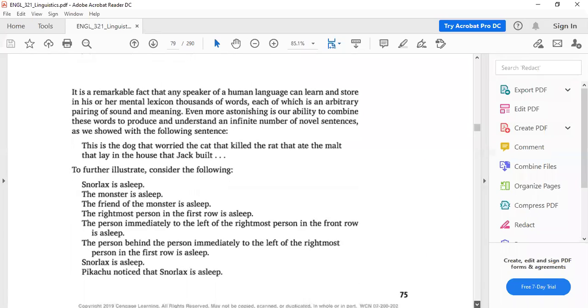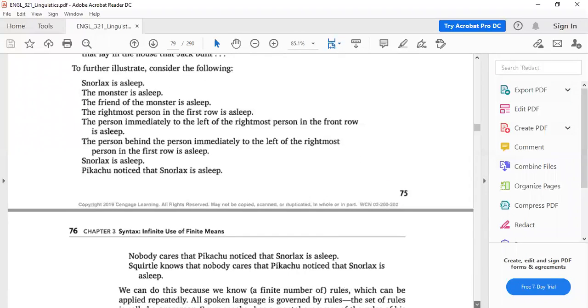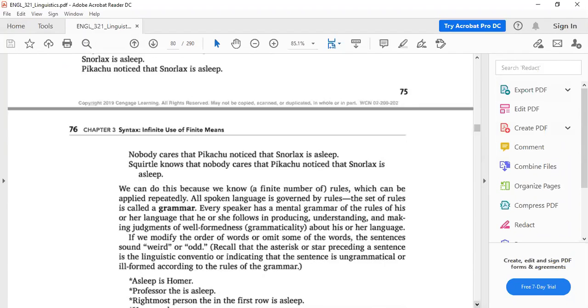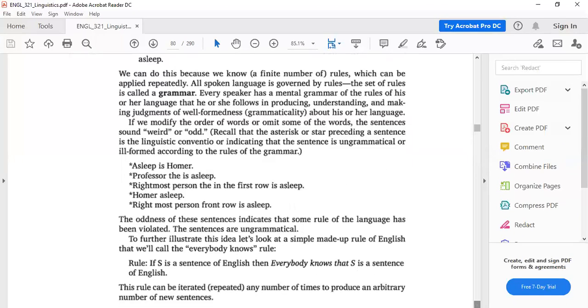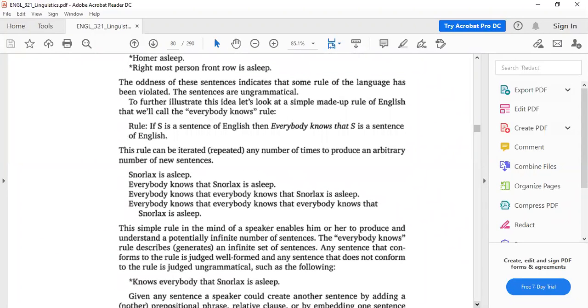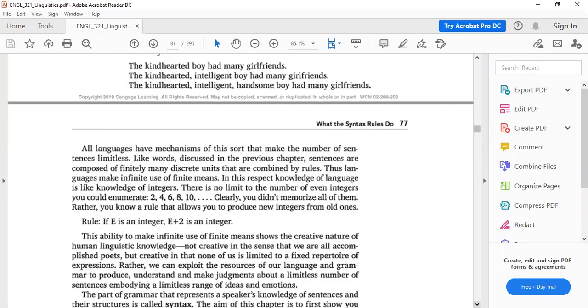And we also focused on the fact that in syntax, we use a limited number of rules to generate or produce and understand unlimited possible sentences, or novel sentences that have never been used or spoken or heard before. And we said that this is part of human language productivity or creativity. So when we use one rule, we can use it to produce many novel sentences that have never been spoken or heard before.